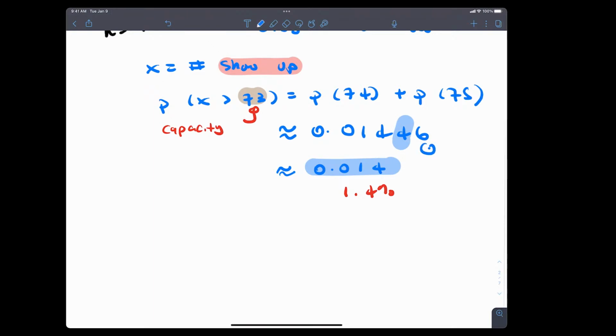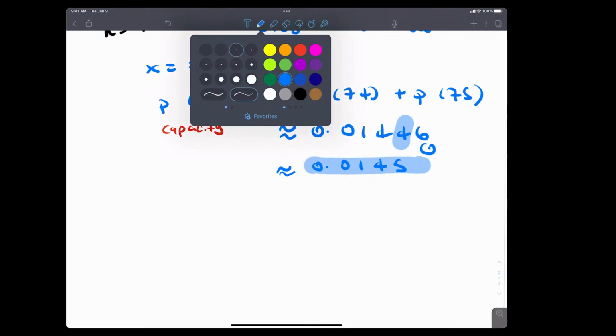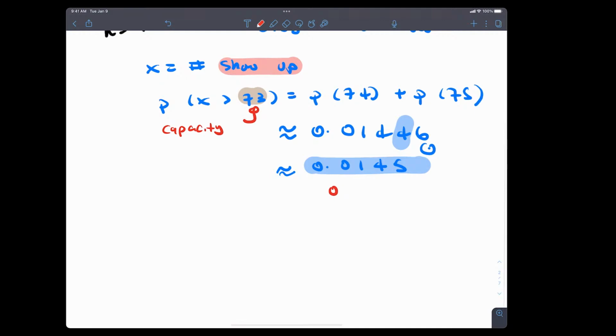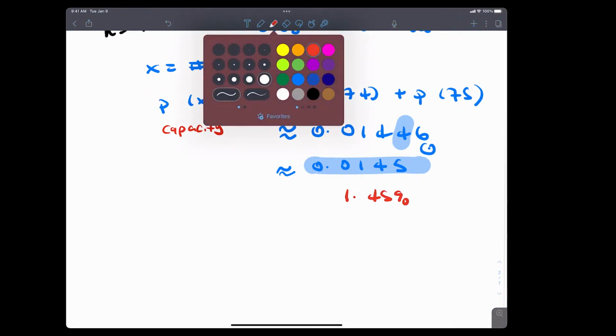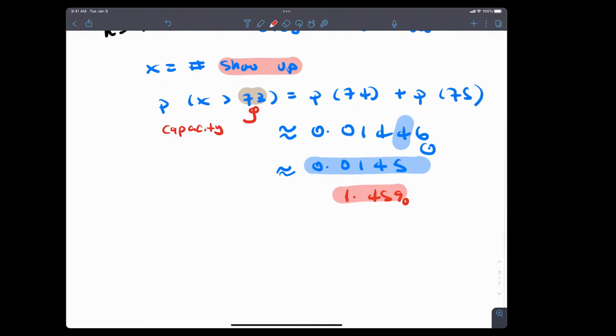It's a 6. Sure enough, because it's a 6, add 1 to the second 4, which makes it 5. So I'm just going to approximate to the same place value that they do, which, as a percent, is 1.45%. Now, here's the point I want to make.